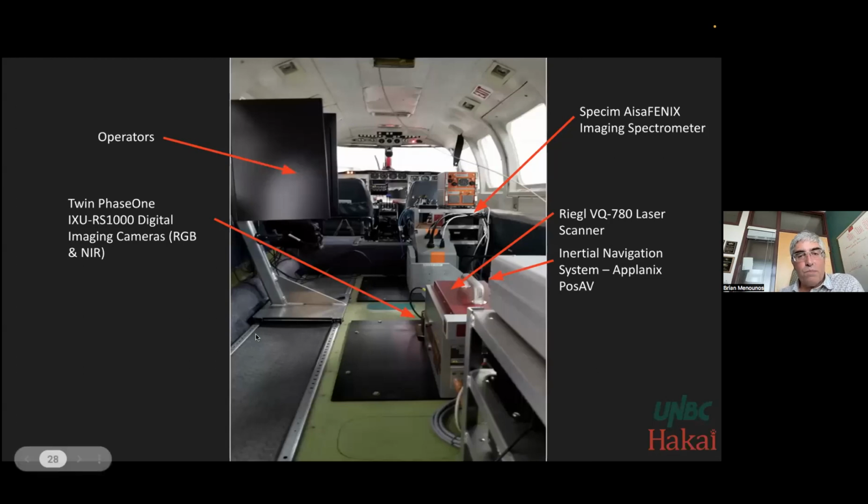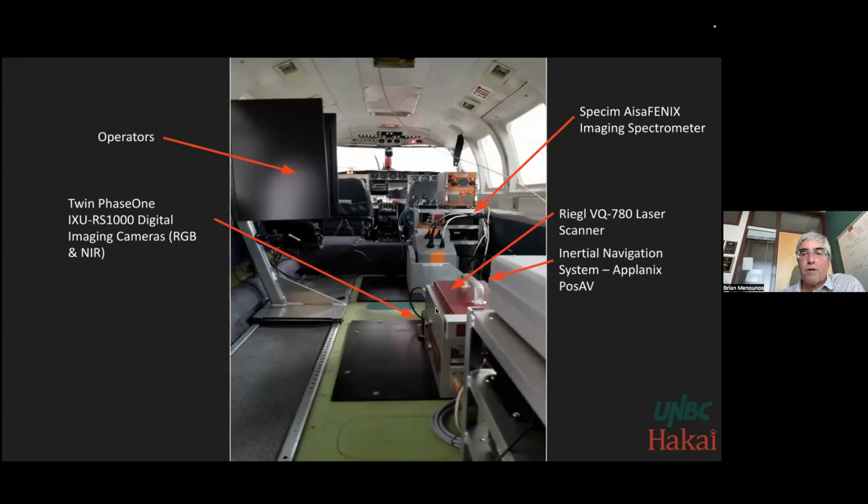And so this particular aircraft, it's a twin engine. It's a Piper Navajo. This actually has an operator that, in addition to the pilot who sits, of course, up front, the operator sits behind. We have airphoto cameras. We have what's called a laser scanner.